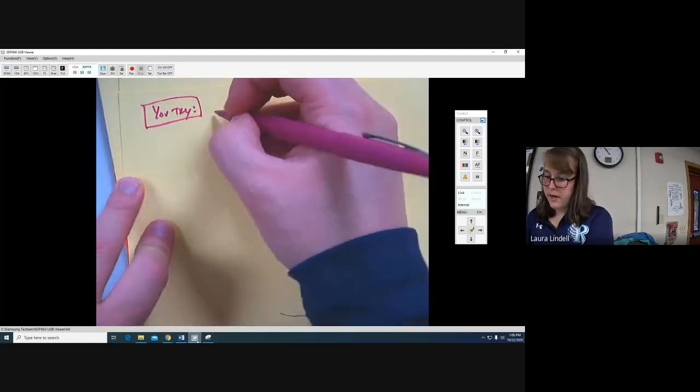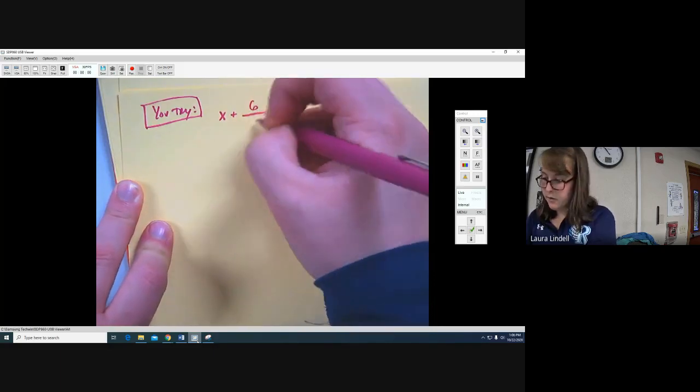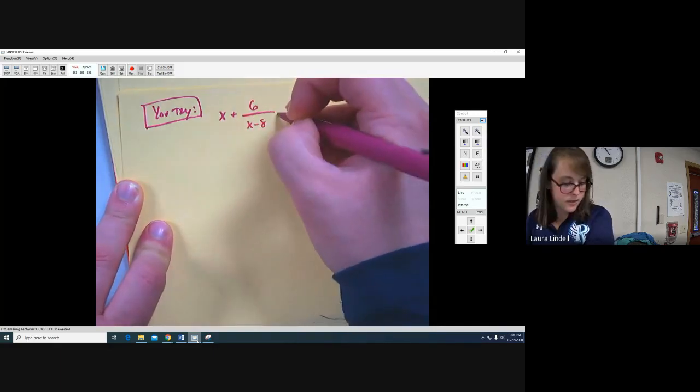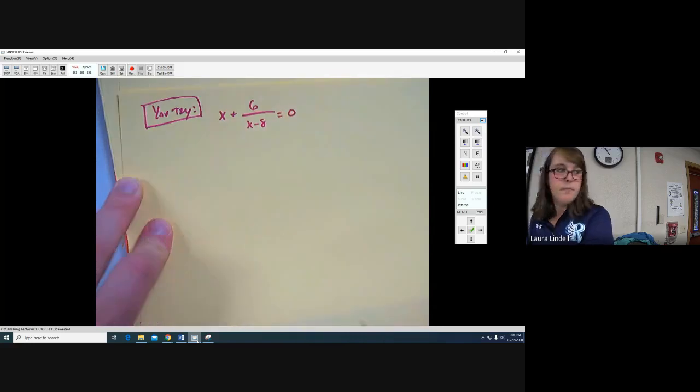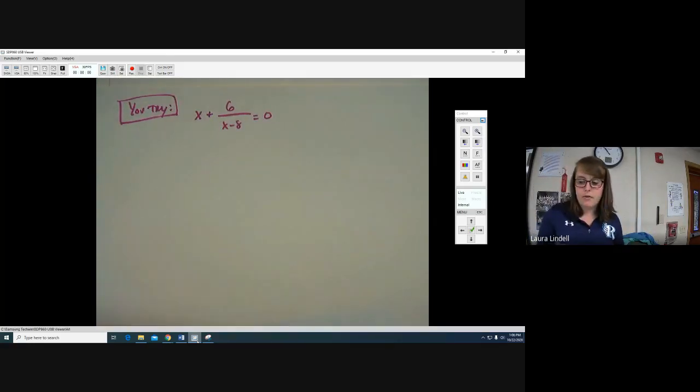We're going to do x plus 6 over x minus 8 equals 0. Okay. So go ahead and try that one. Find your common denominator. Make that common denominator happen. And then solve.